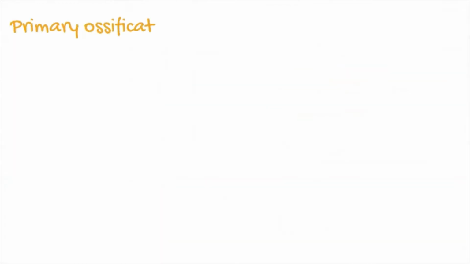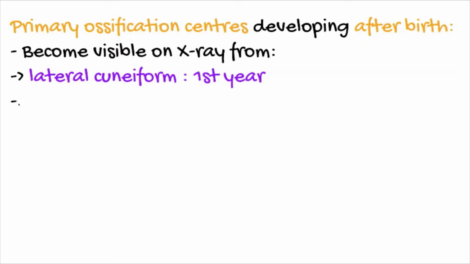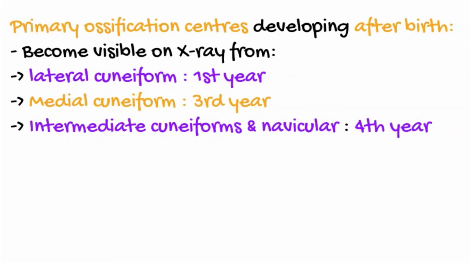Primary ossification centers developing after birth become visible on X-ray from: for lateral cuneiform at the first year, for medial cuneiform at the third year, intermediate cuneiform and navicular at the fourth year. So it started off from lateral to medial.